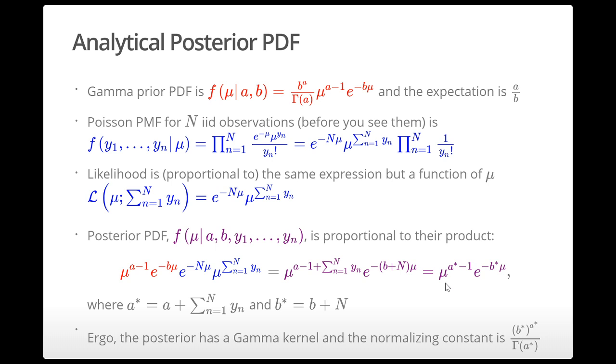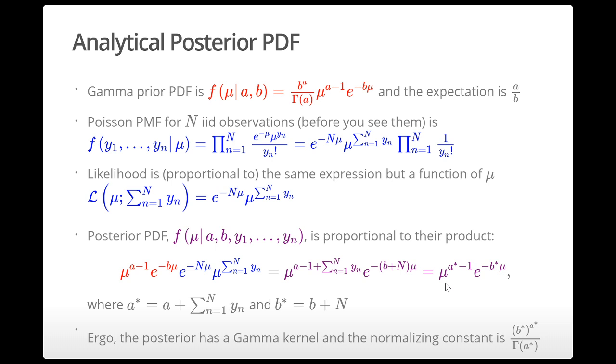So in the case of gamma prior, Poisson likelihood, the posterior is exactly gamma, but it's going to have updated hyperparameters a star and b star rather than the a and the b that you started with. But for large n, again, this is going to converge to the sample average, for finite a and b, right?